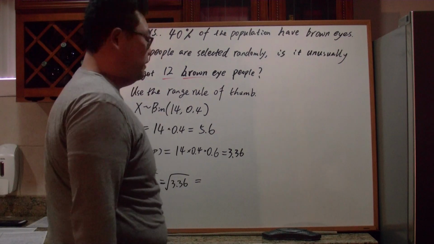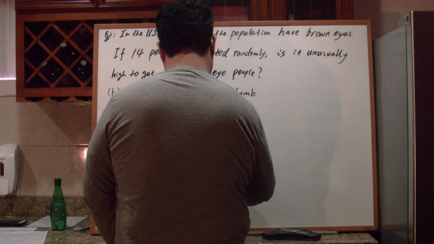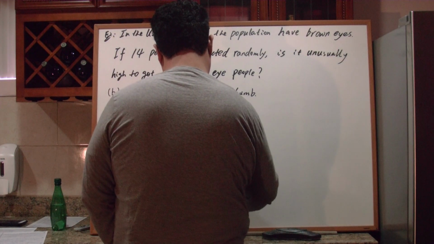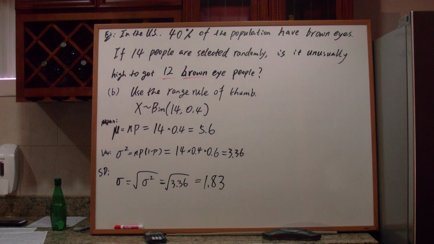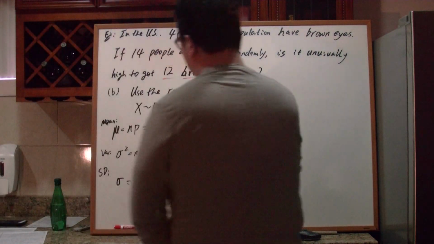We can keep 2 digits of decimal, 1 is also okay, but 2 digits will be a little more accurate. So we got the mean and standard deviation.